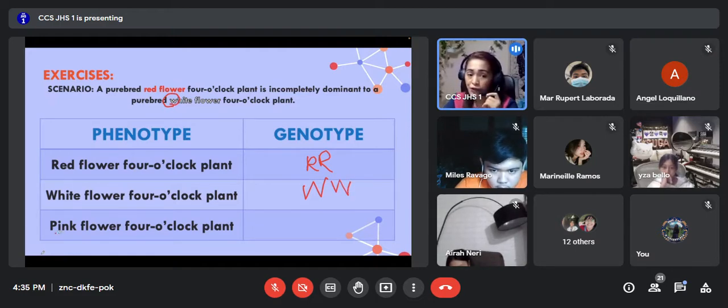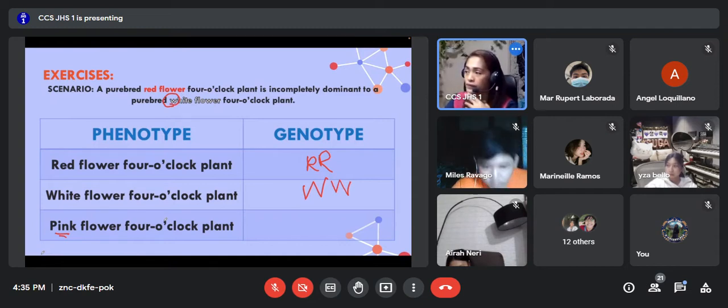Now, we have a third option. This time, the plant can also have a pink flower. The question now is how do you write the code or the genotype if you have this flower?